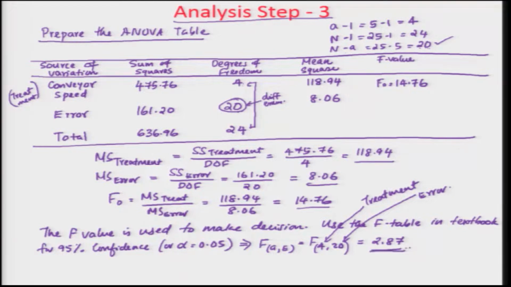If you think about it, it is like a probability distribution, and the critical value somewhere is 2.87. Anything above this is rejection; you reject H0, the null hypothesis.